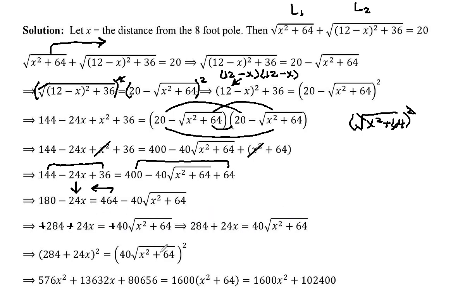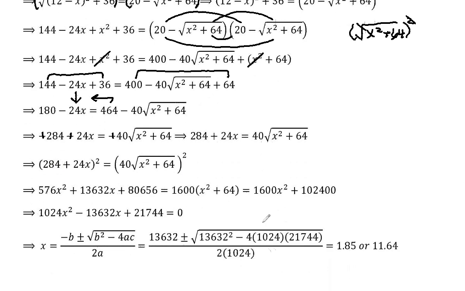And then from here to here, I squared both sides. So here's the square of the left-hand side, and then here's the square of the right-hand side. So now, this I FOILed out. Okay, so that's 284 plus 24x times 284 plus 24x.